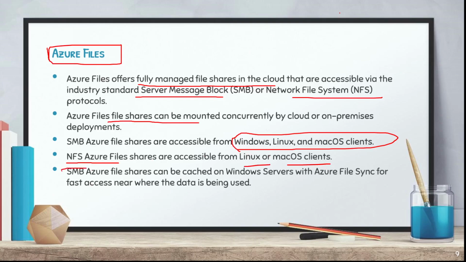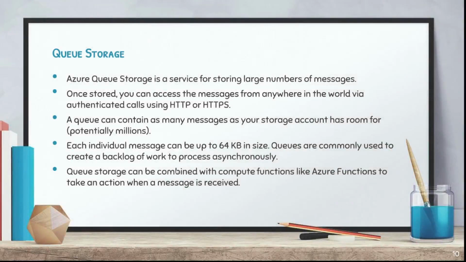And sometimes the server message block SMB can be cached on a Windows server with Azure File Sync, for fast near access where the data is being used. So SMB basically stores the data in a cache format so that your retrieval becomes faster.